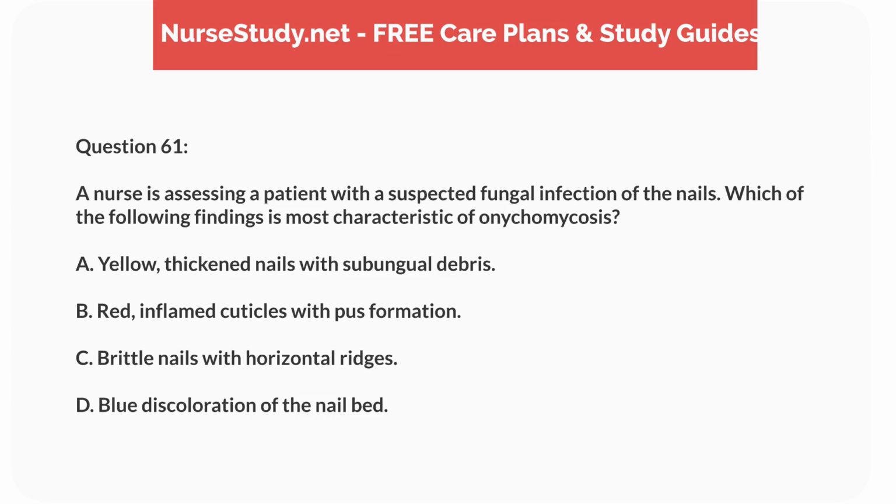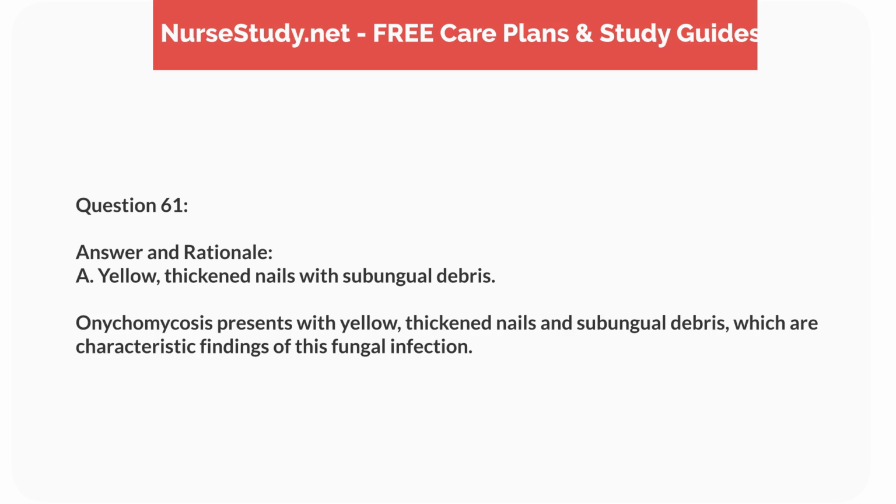C. Brittle nails with horizontal ridges. D. Blue discoloration of the nail bed. Answer and rationale. A. Yellow, thickened nails with subungual debris. Onychomycosis presents with yellow, thickened nails and subungual debris, which are characteristic findings of this fungal infection.